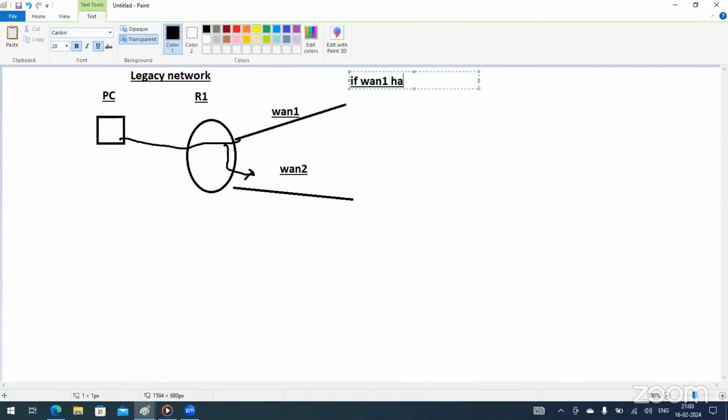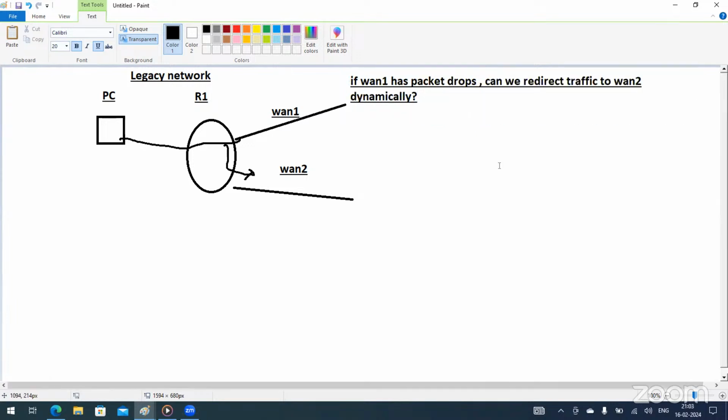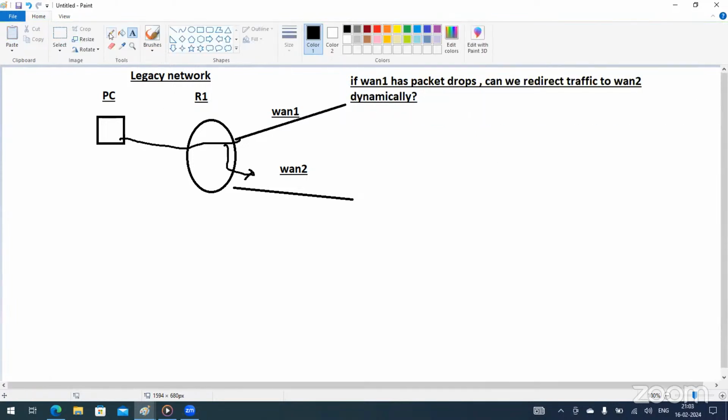If WAN 1 has packet drops, can we redirect traffic to WAN 2 dynamically? No, right? So with SD-WAN, what can be done?